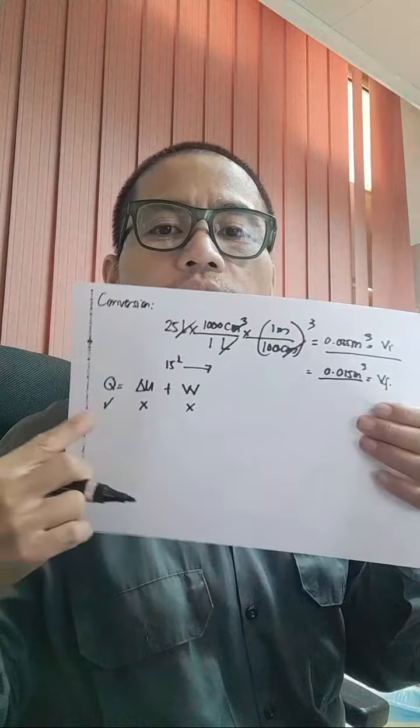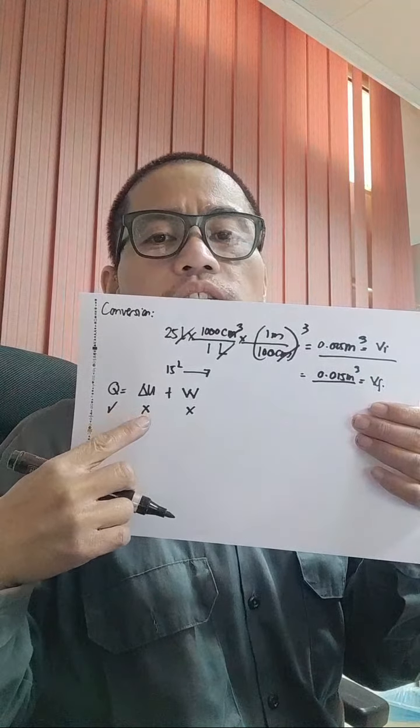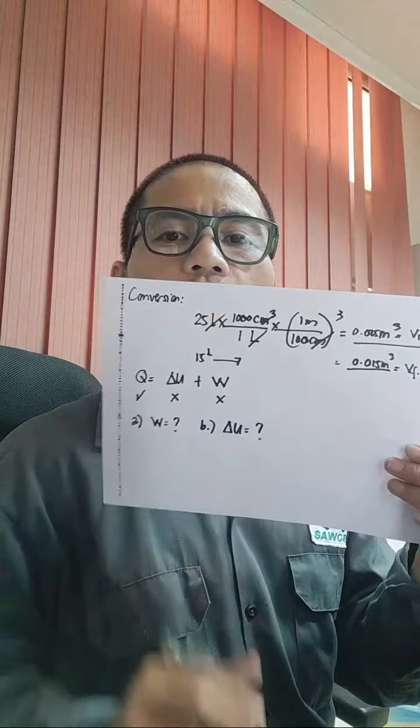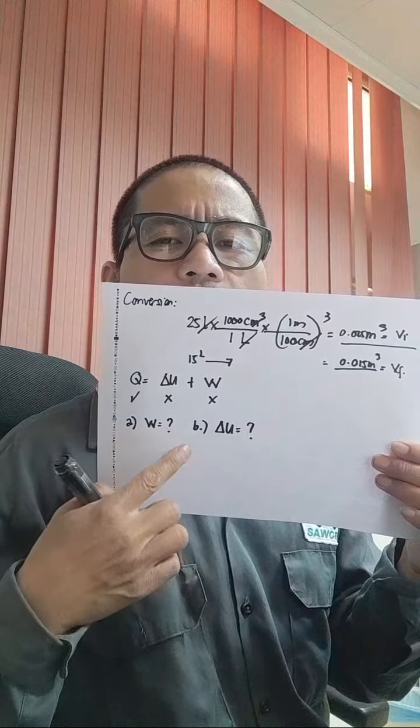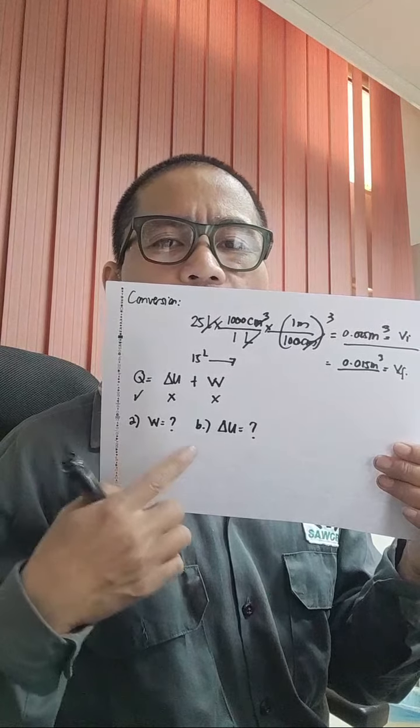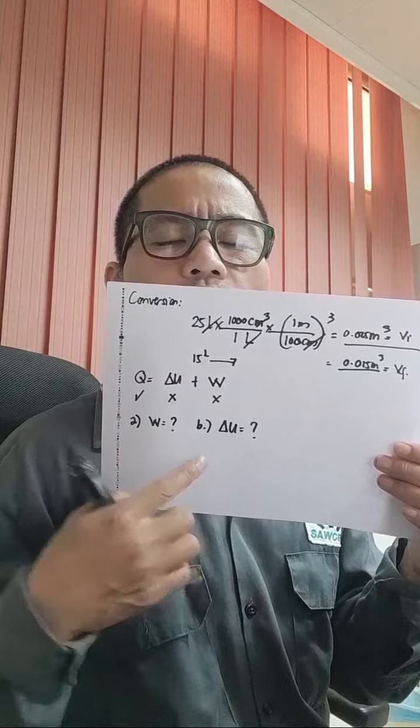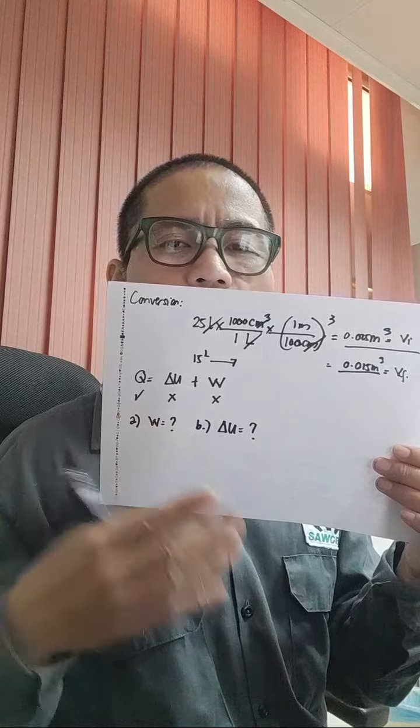In part A, work is being asked, and in part B, internal energy is being asked. So we need one more formula to solve the equation.